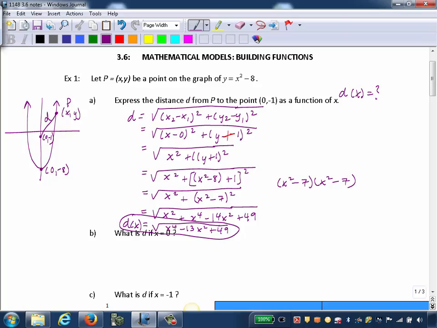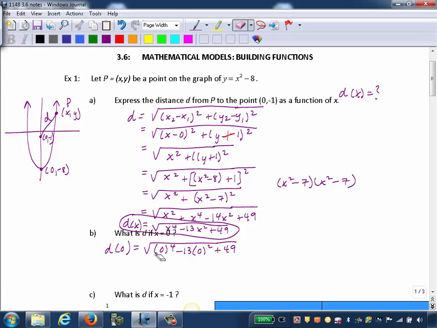Now, part B, I'm going to use this function to evaluate and substitute in different x values. So part B, what is d if x equals 0? I'm just going to substitute a 0 in for x, so I want to find d of 0. So I'm going to take the square root of 0 to the fourth minus 13 times 0 squared plus 49.